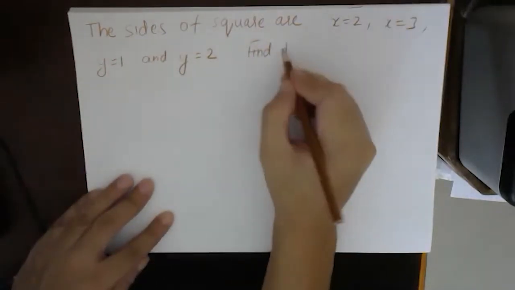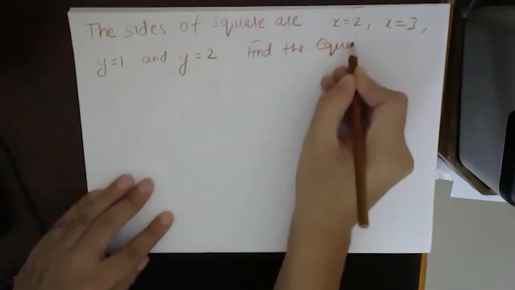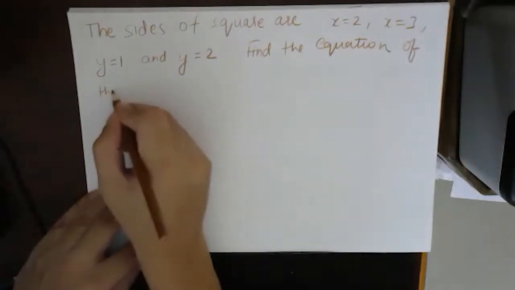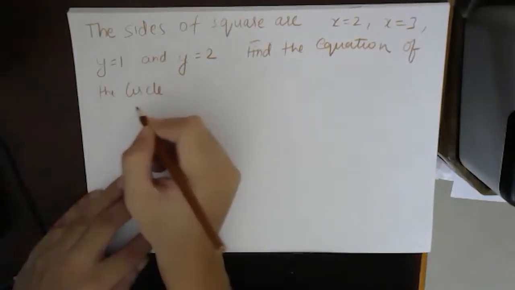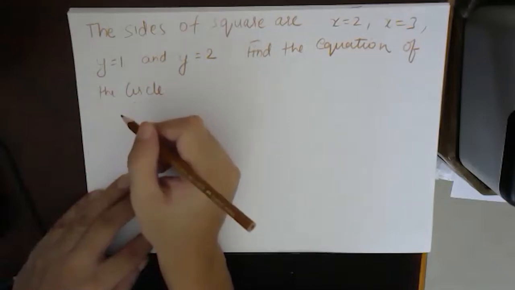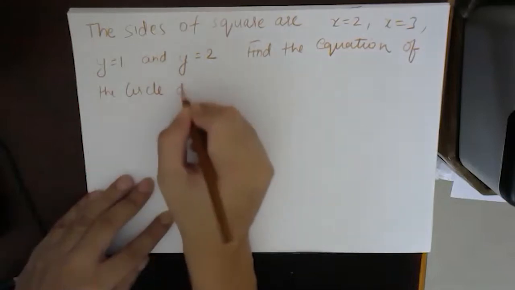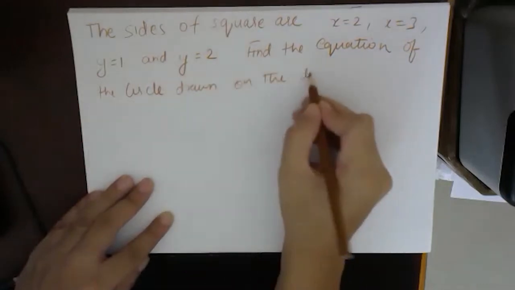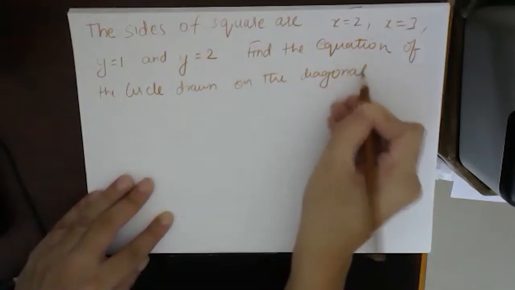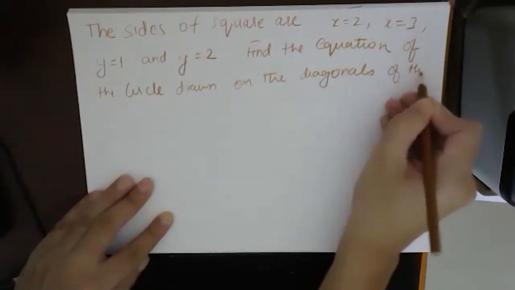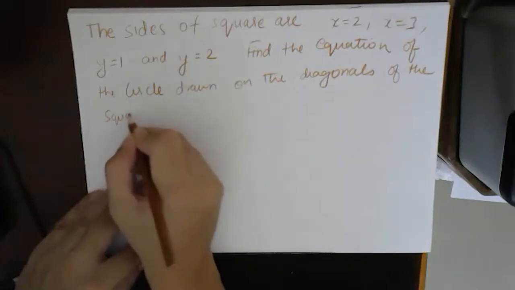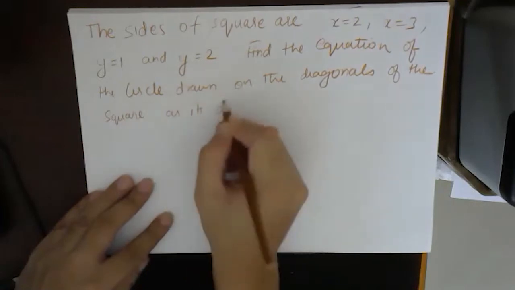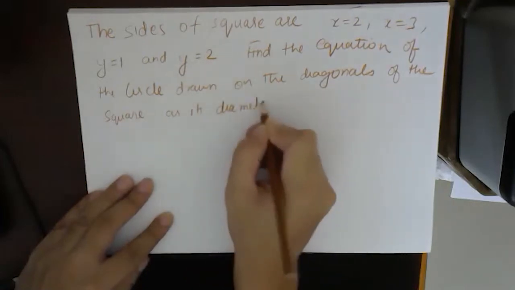Find the equation of the circle drawn on the diagonals of the square as its diameter.